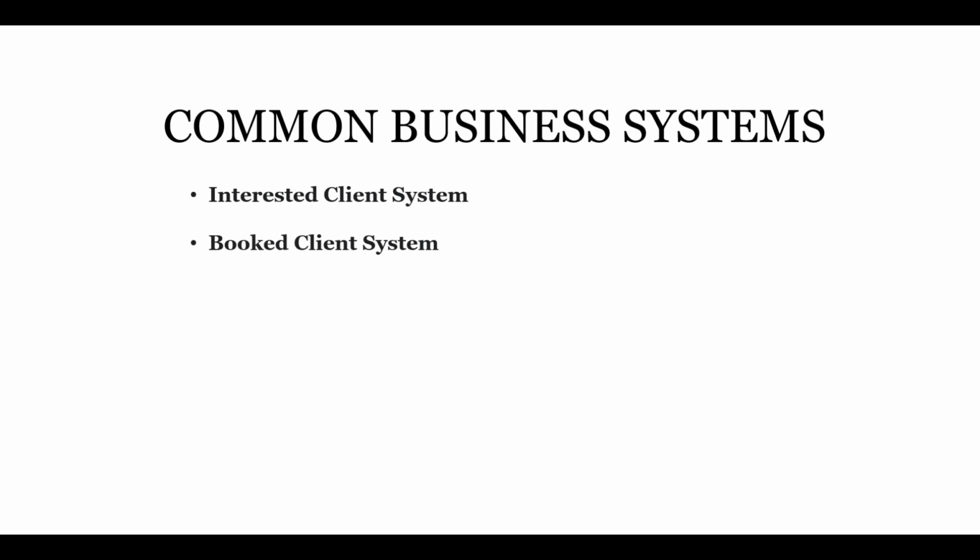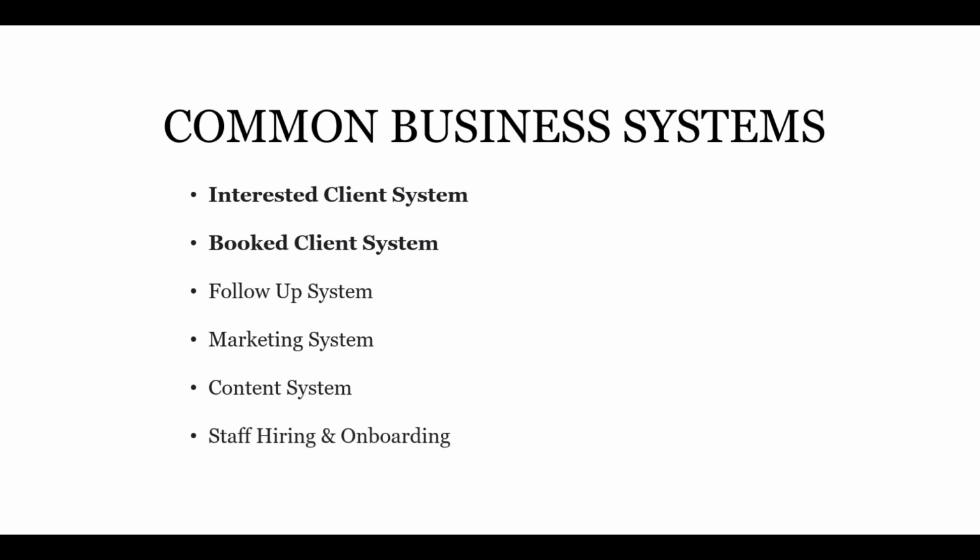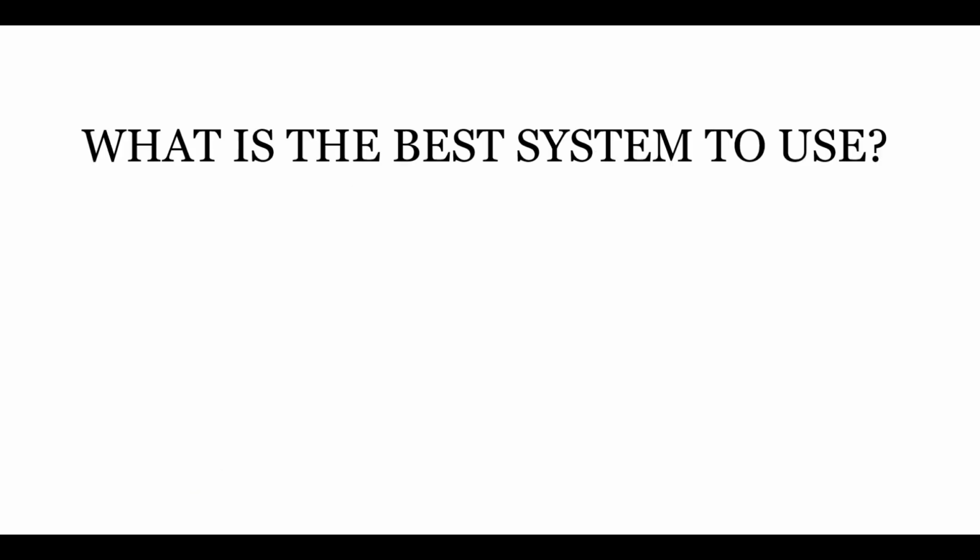Your booked client system is, okay, once they give you that commitment, what happens? What's every single step that happens between them booking with you and you providing your product or service? But there are a lot of other things you can use systems for: follow up system, marketing system, content system, staff hiring and onboarding. Really, your goal should be to try to systematize everything in your business.